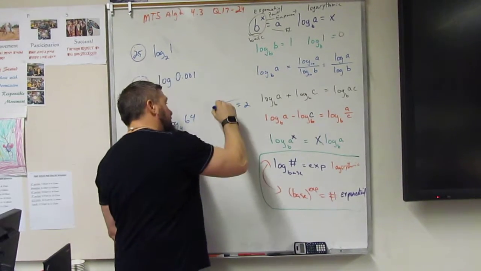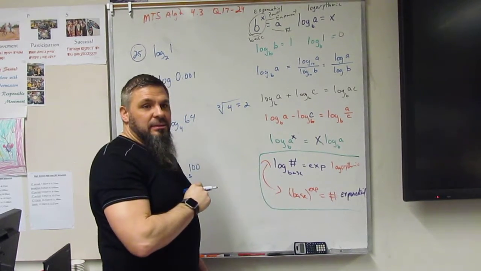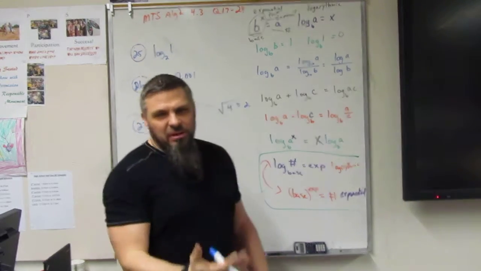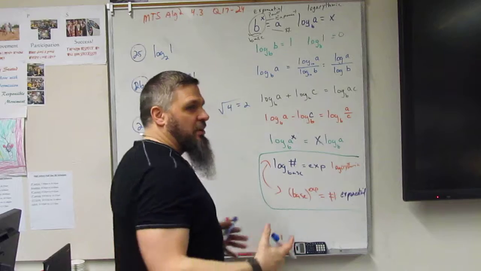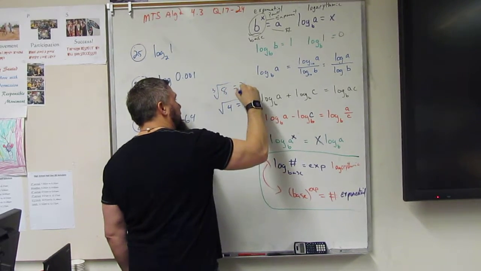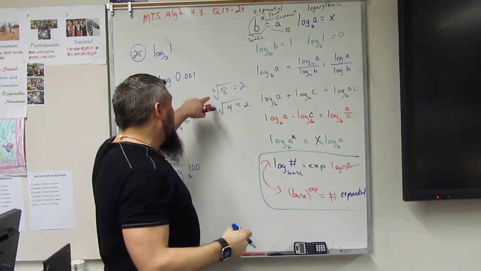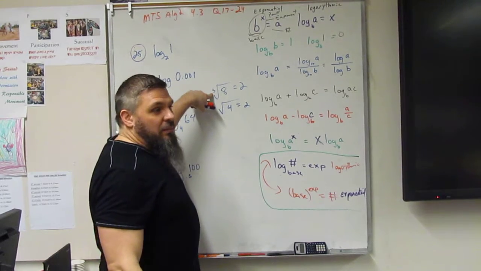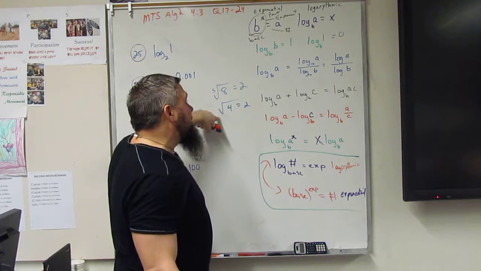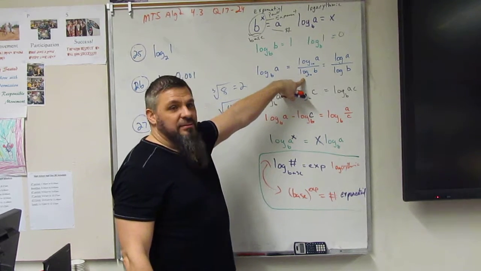But there's a hidden 2 right here. They don't put that here because we just think it's a square root. Whereas if we take a cubed root of 8, it's equal to 2 also, right? But there's a 3. We show the 3, but we don't show the 2. That's what happens with this base 10.